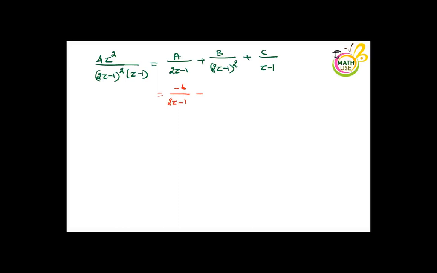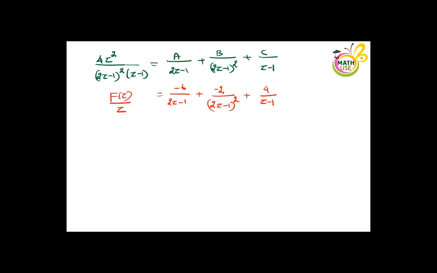B value is minus 2, so plus minus 2 divided by (2z − 1) the whole square, plus C value is 4, 4 divided by (z − 1). See, the left hand side is what? It is capital F of z divided by z.